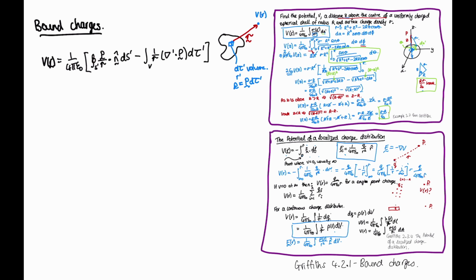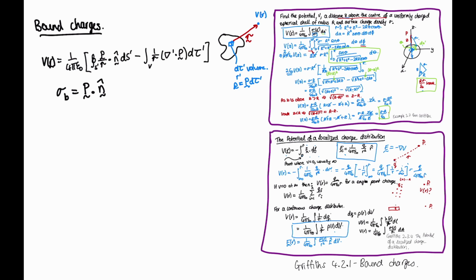So this formula here and this formula here are the same if we replaced the surface charge density here with P dot n. So let's just make a note of that. We've got that our surface charge density, which we're going to call sigma b because it's due to the bound charges, is equal to P dot n, where n is the normal vector there.